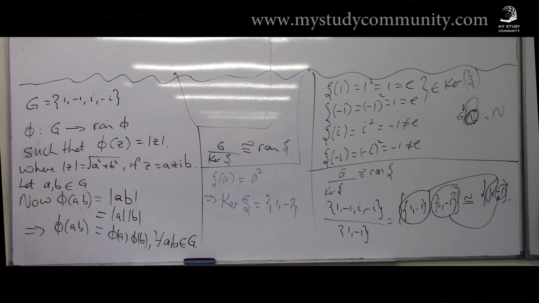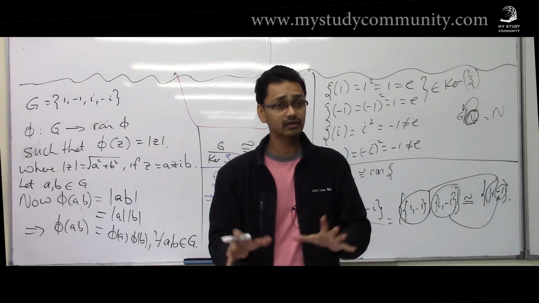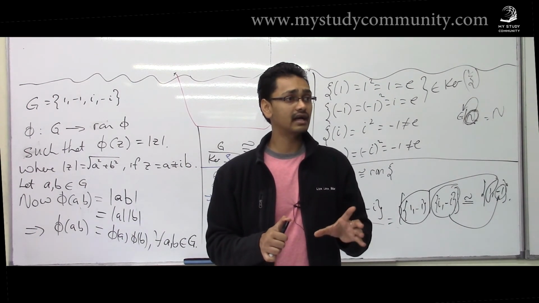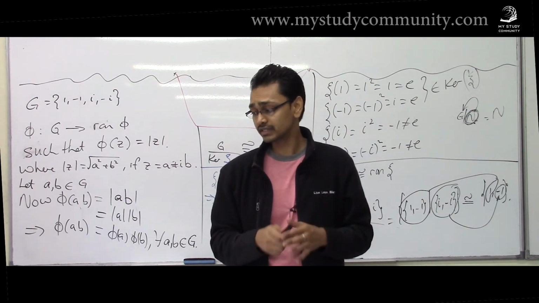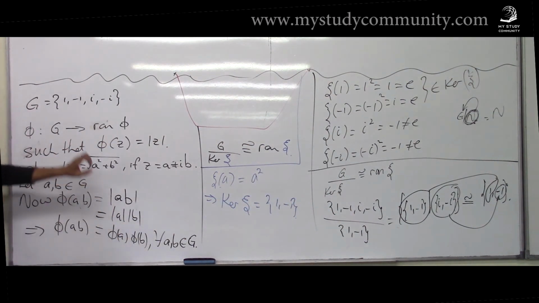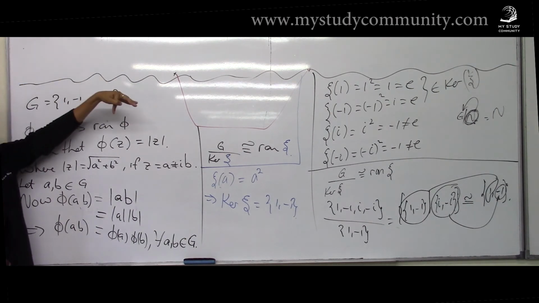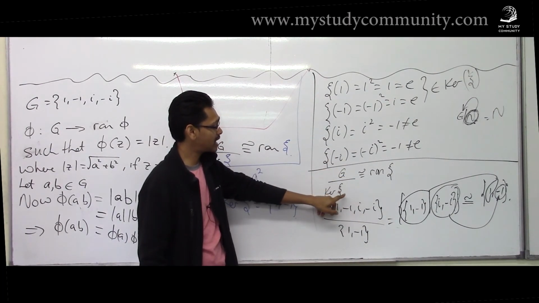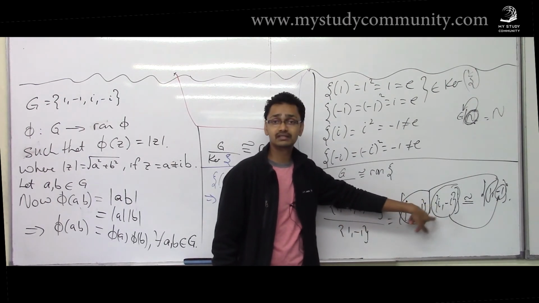Now, the beauty of this theorem, which is a big thing, is by using this theorem, we can analyze properties and structures of groups in an easier way. So if we know, our initial set G has how many elements? 4 elements, yes? But our factor group of G by the kernel has how many elements in it? Only 2 elements.